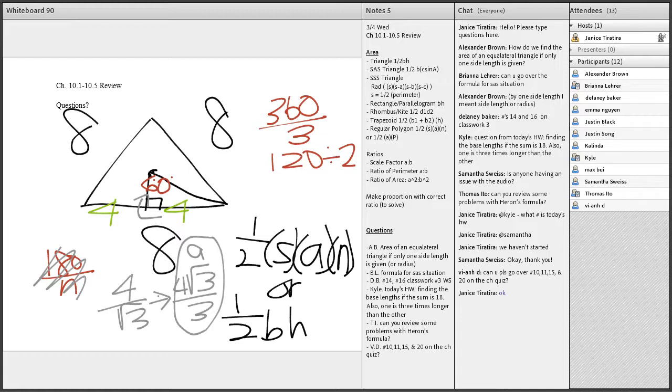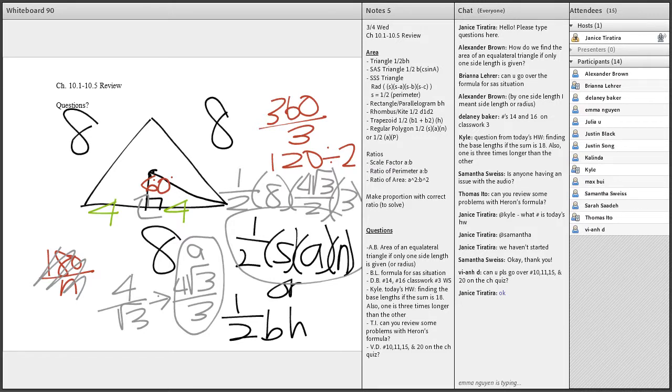So now if we were to use this formula, we would plug in 1/2. The side length is 8. The apothem we found was 4 rad 3 over 3. And the number of sides or number of triangles is 3.